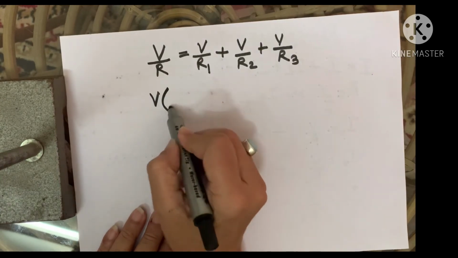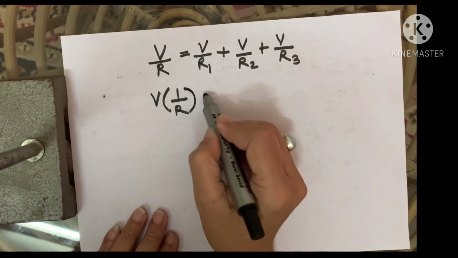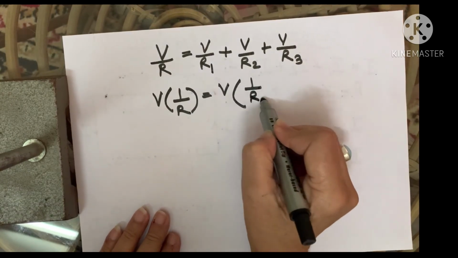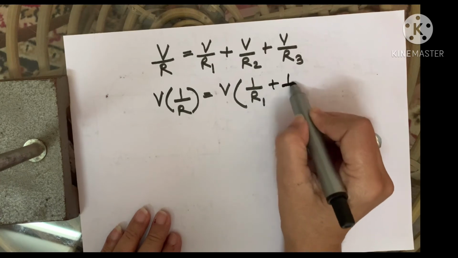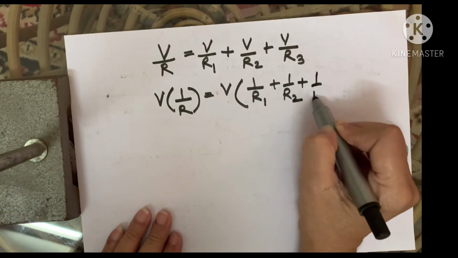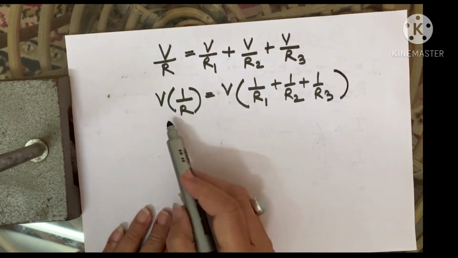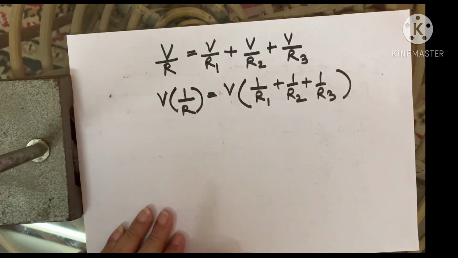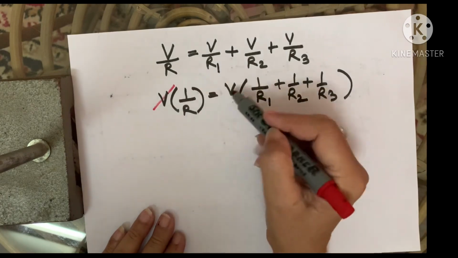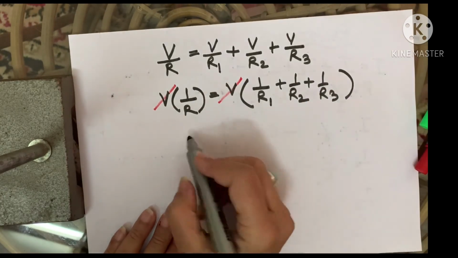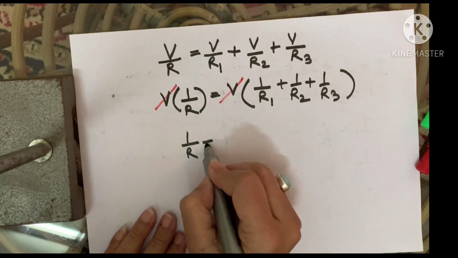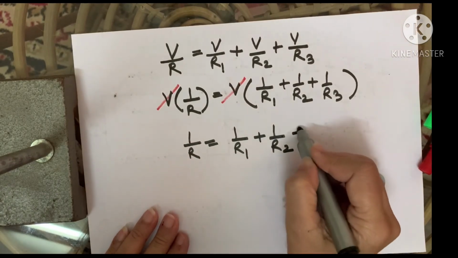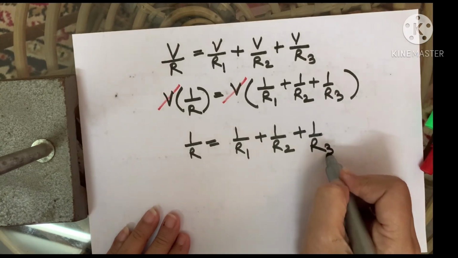Now taking V as common, we will get 1 upon R1 plus 1 upon R2 plus 1 upon R3. Now cancelling V on both the sides, we will get 1 upon R is equal to 1 upon R1 plus 1 upon R2 plus 1 upon R3.